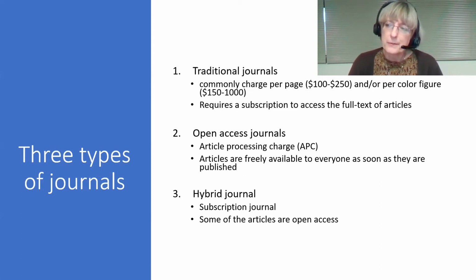And then there are now starting to become mandates where if the research is funded by a grant from a particular agency like NIH, the articles have to become open access after 6 months or 12 months, depending on the organization that funded the grant. And in that case, the publisher of the article will set the article to open access after that time period. So you don't have to worry about doing anything about that. That will be done for you.